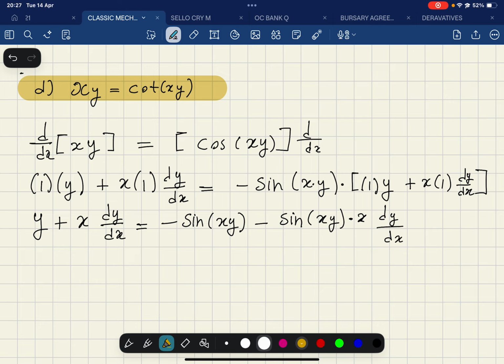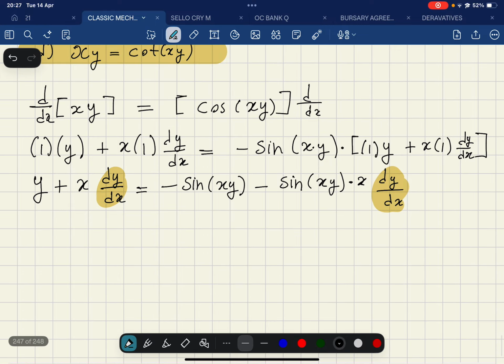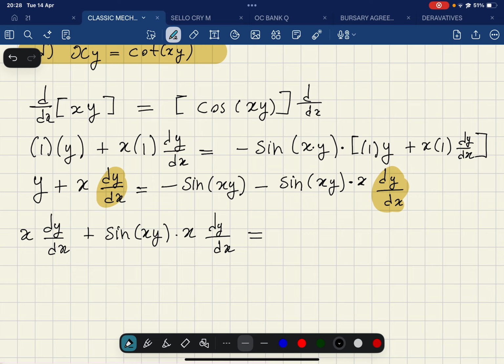Then I'm going to group these terms on the left hand side, which means I will have x dy over dx plus the sine of xy multiplied by x dy over dx, which is equal to what? We take the y on the right hand side, so I'm going to have negative y minus sine xy.